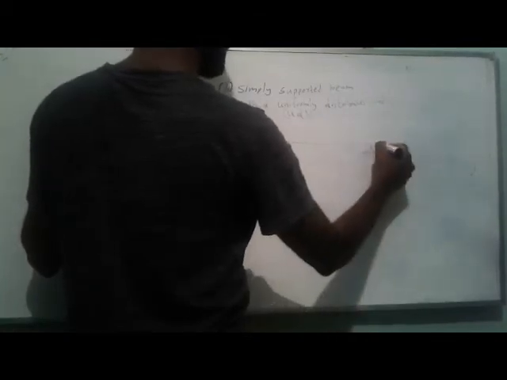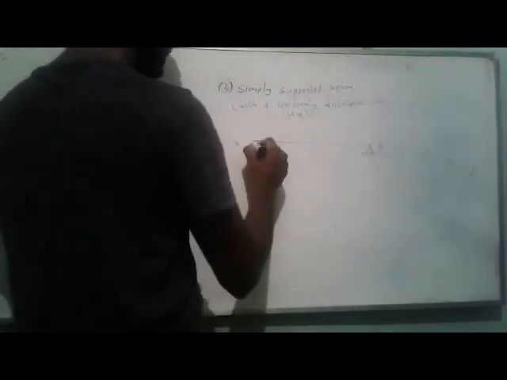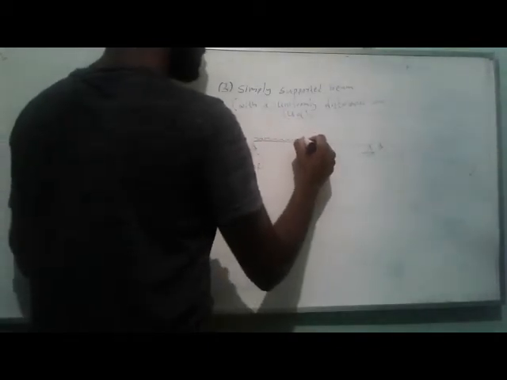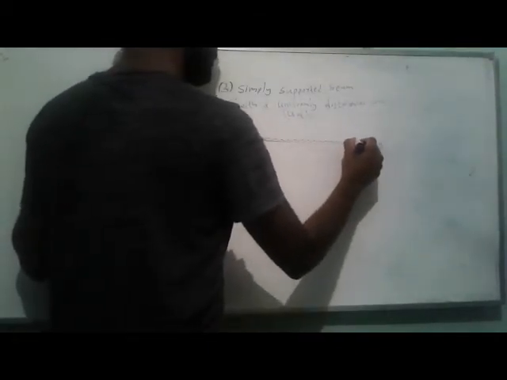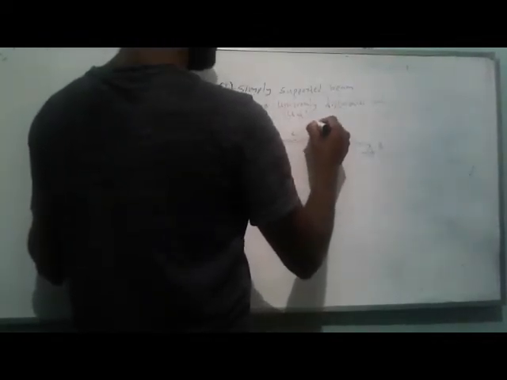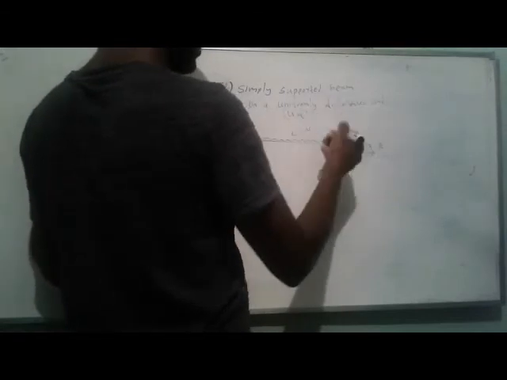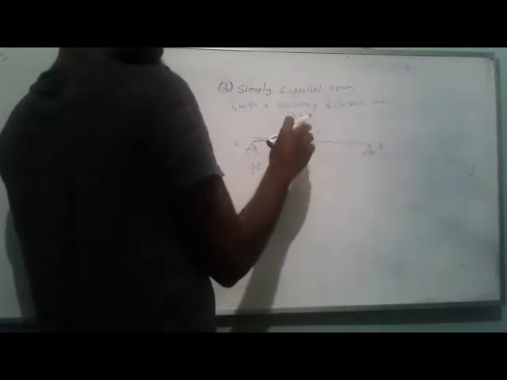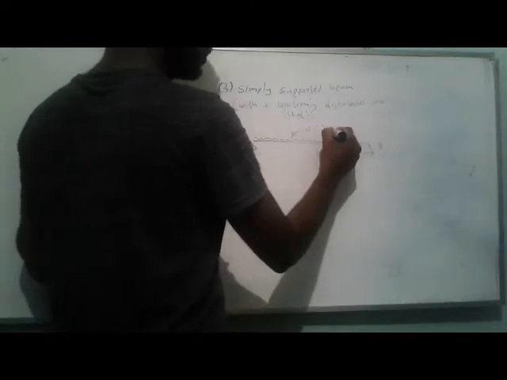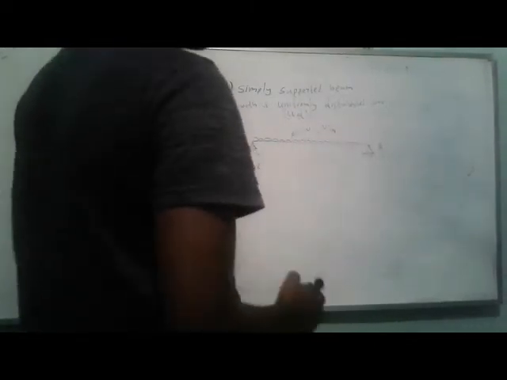Point A, point B, here it is. This is the uniformly distributed load. Its intensity is W. You have to take into consideration the units, Newton per meter or kilonewton per meter.